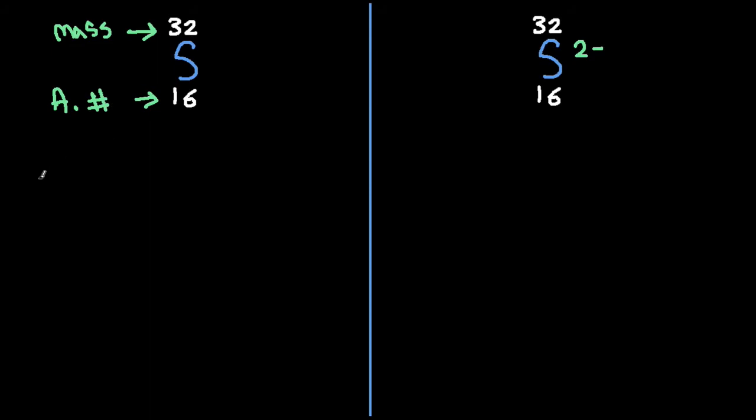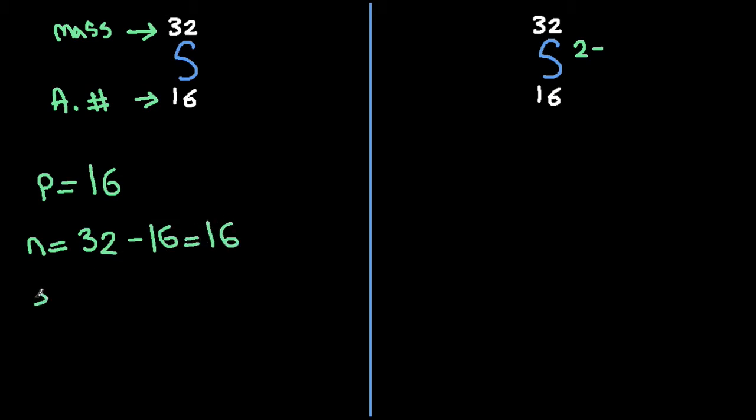So generally the best way to lay it out is start with P, and we said that the number of protons is equal to our atomic number, so that's going to be 16. Our number of neutrons is going to equal 32, because that's our atomic mass, subtracted by our atomic number, which is 16. So 32 minus 16 equals 16.